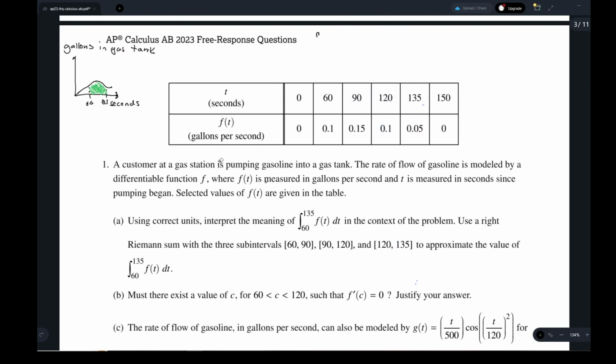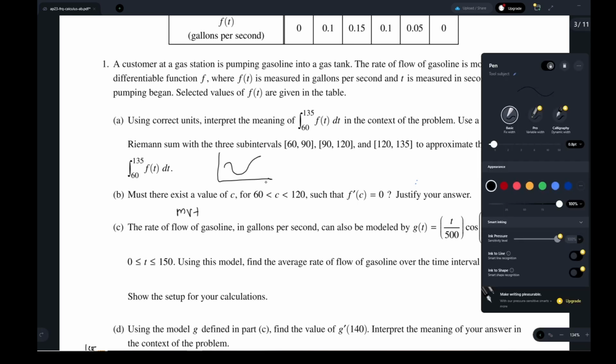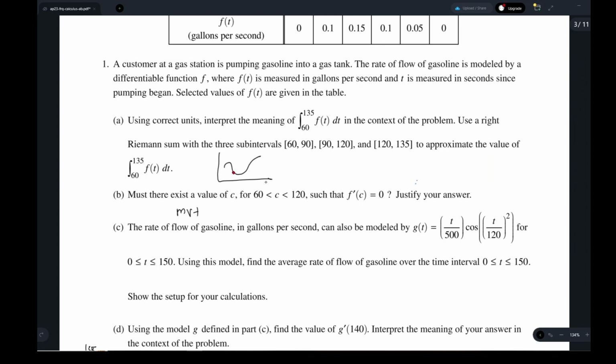So what this question is asking us is it's really testing us if we know the mean value theorem. And what the mean value theorem is going to say is if you have this curve or this function right here, right? And if you have a starting point, let's say a starting point A, we'll put that down here.